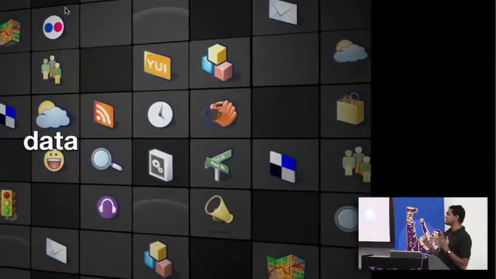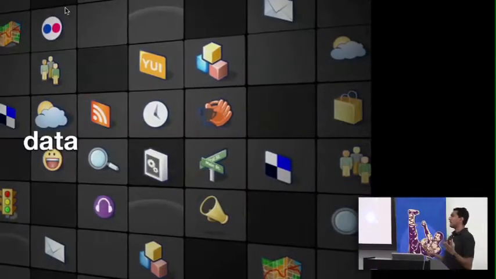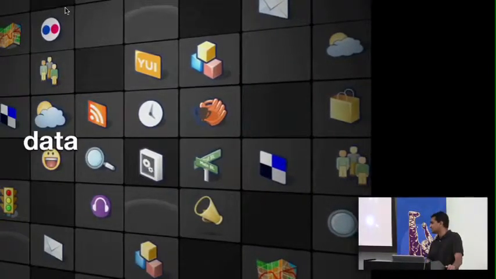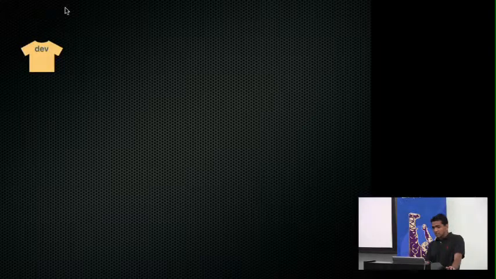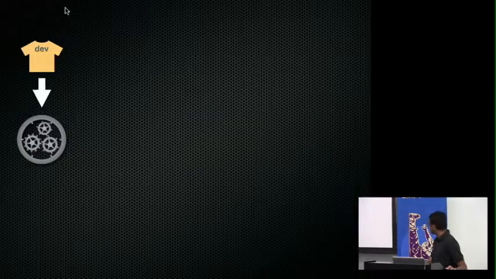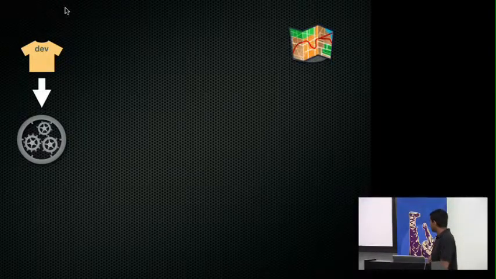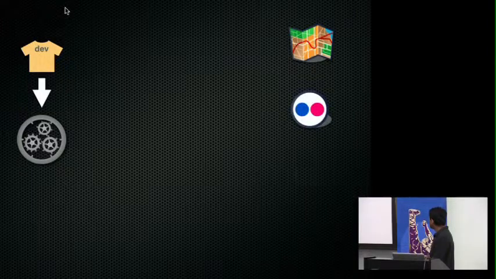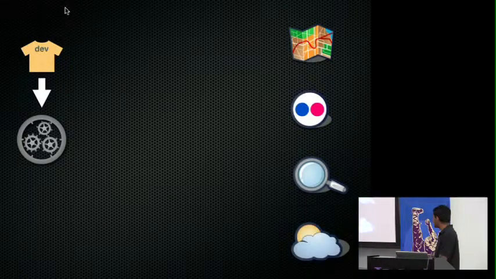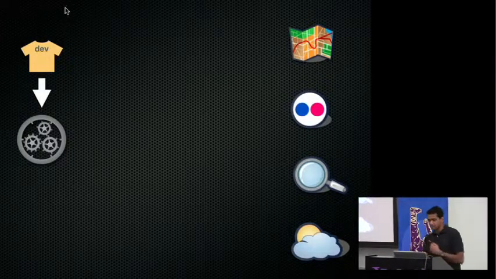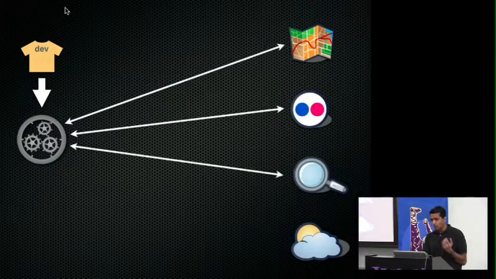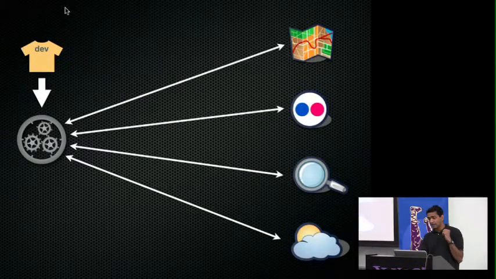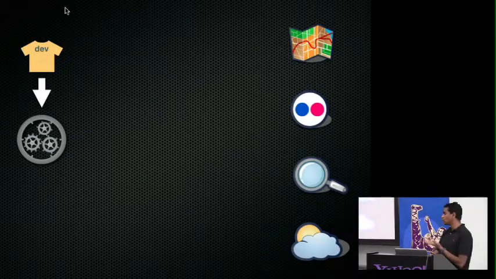Now, let's take the scenario of you building an application with all these web services. This is supposed to be you, working on your machine and trying to build a mashup with the various web services. I have maps, Flickr, search, and weather. The point is to get all this data into your application by writing some glue code.